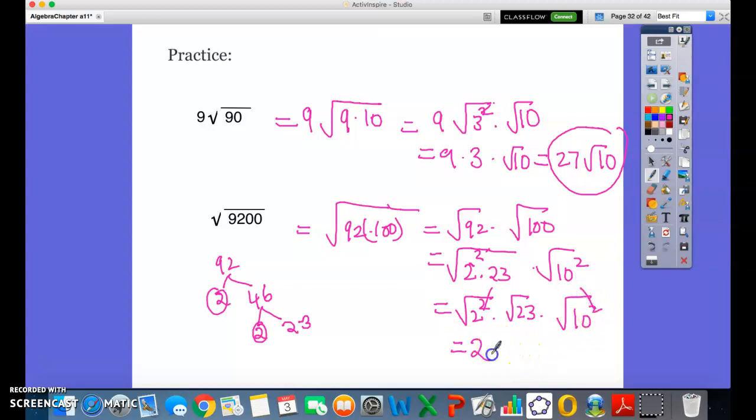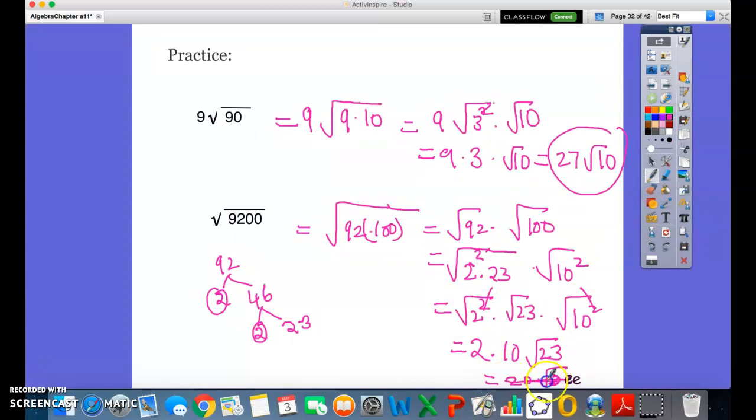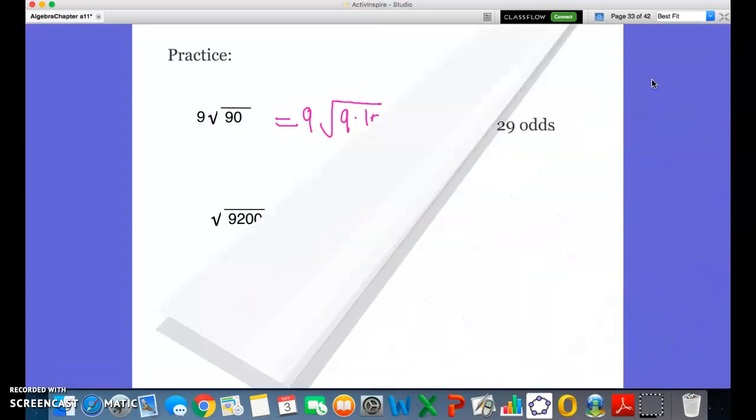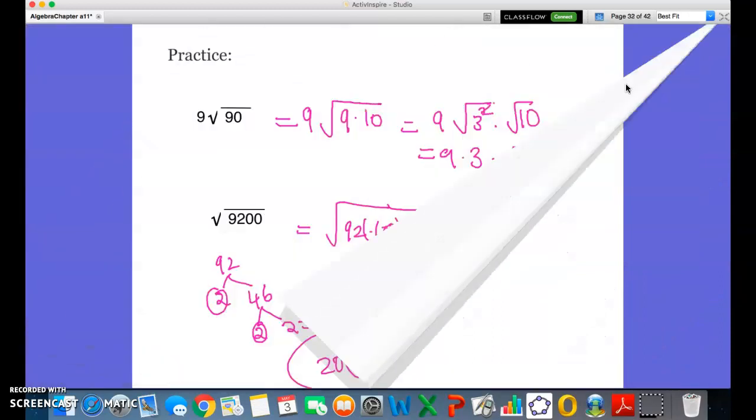And these two cancel out, all I have is 10. And then we have square root of 23. So this will be 20 times square root of 23. So you should get 20 times square root of 23. So that's basically it, and that's it.